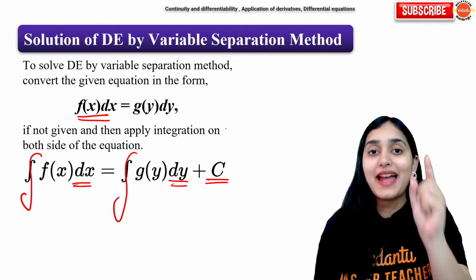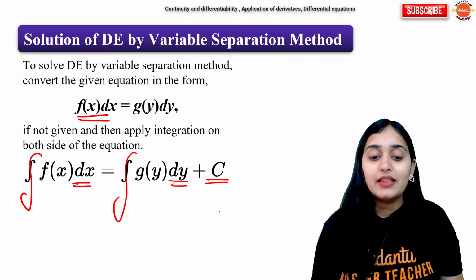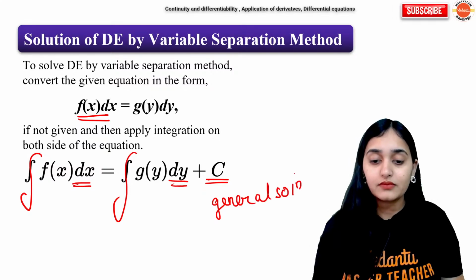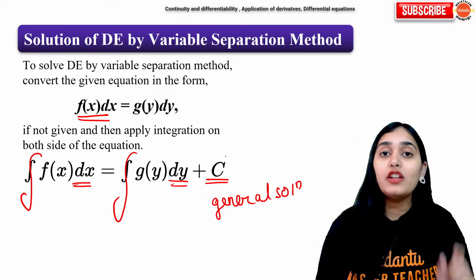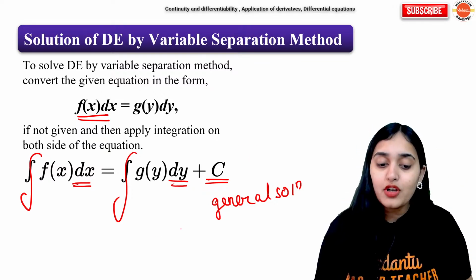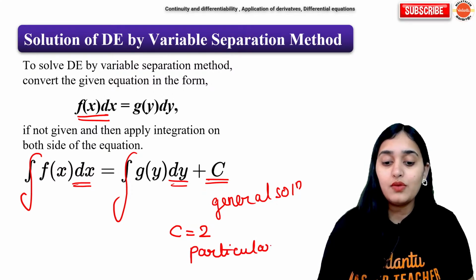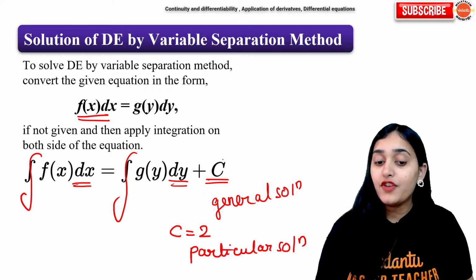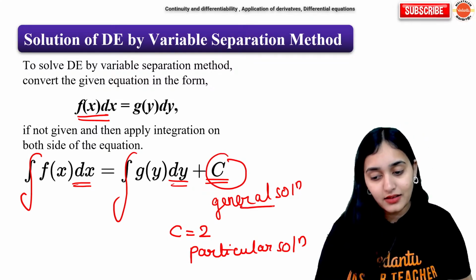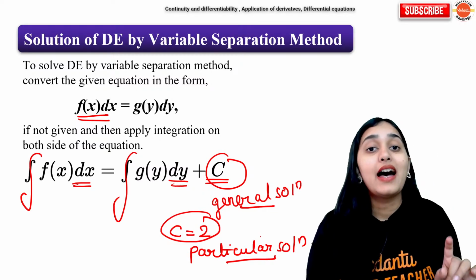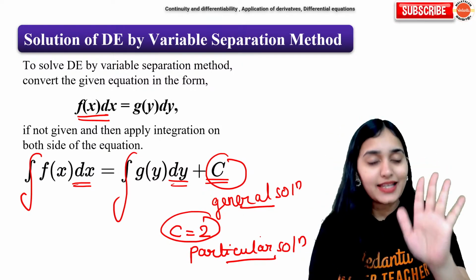Always remember to add the integration constant, then it will become the general solution. Now, if you know the value of c, suppose you know that c is 2, then it becomes a particular solution. If you don't know what c is, general solution. If you know what c is, particular solution. And how to find the particular solution? I will teach you with an example.